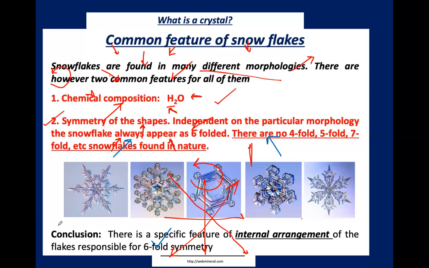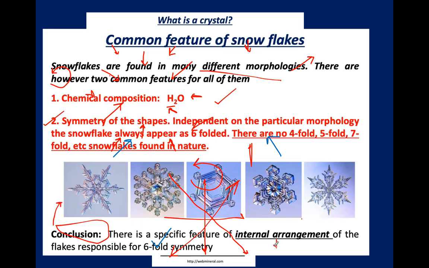So in conclusion, what you can say is there is a specific feature of internal arrangement of the flakes responsible for six-fold symmetry in this case, in the snowflake case. So this symmetry is a result of an internal arrangement.